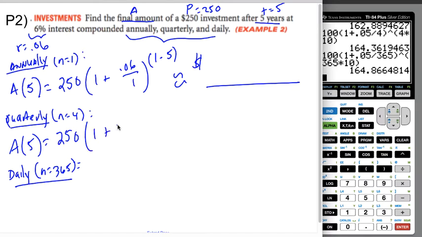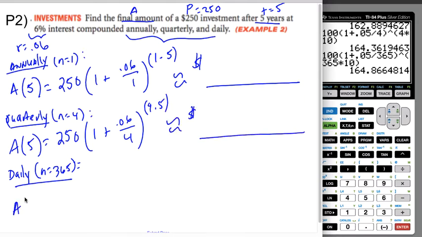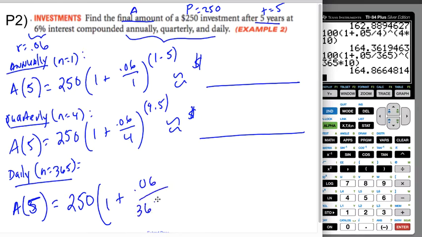So this is 1 plus 0.06 over 4, right? I changed the N to 4 now, and this is a 4 times 5. All right. And then for the last one, that's a 5, my bad, is going to be 250, 1 plus 0.06 over 365 to the 365 times 5.